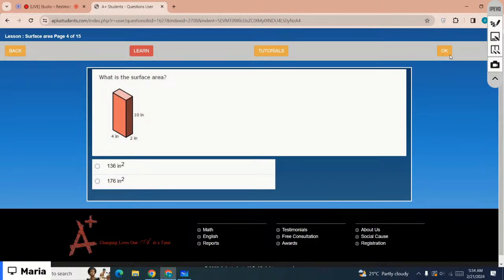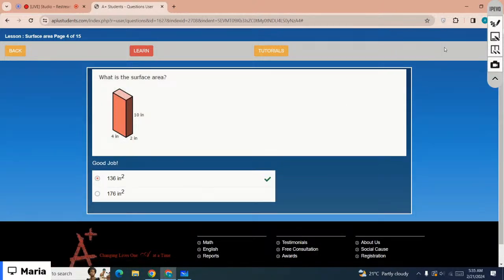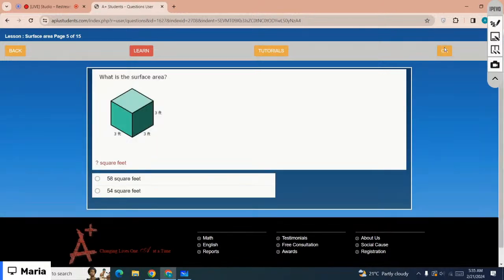The correct option is 136 inches square. Okay, what is the surface area? Which is the correct option?